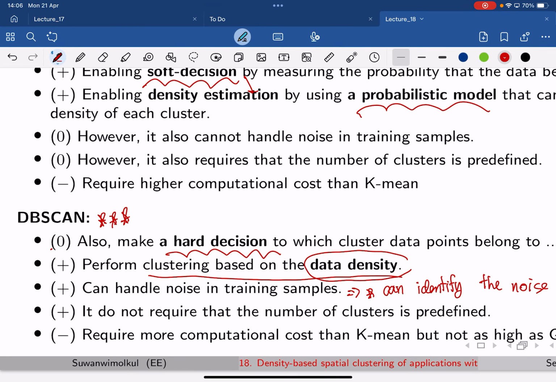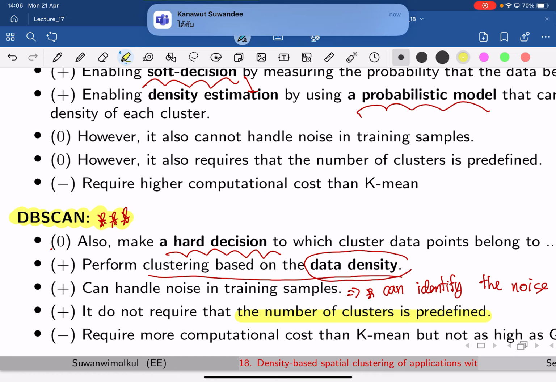Another good thing about DBSCAN is that it does not require the number of clusters to be known beforehand. That's kind of the reason why, when people want to do some clustering, they start off with DBSCAN. First, you don't need to predefine an important parameter, that is the number of clusters. You can just allow the data to drive your clustering algorithm to provide the result.